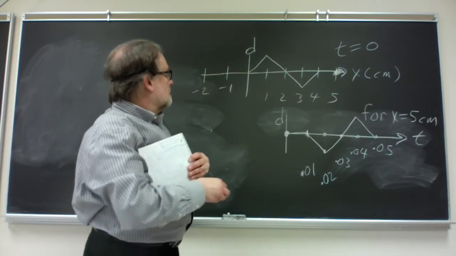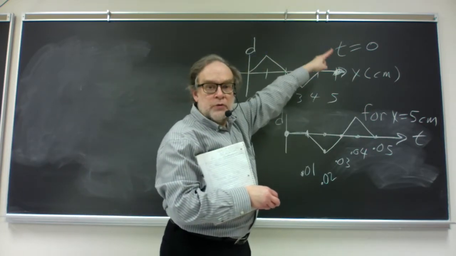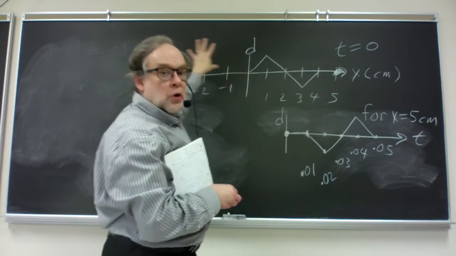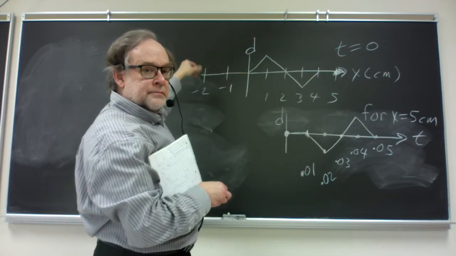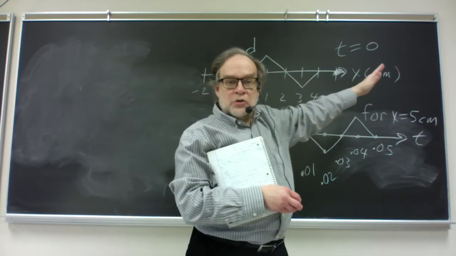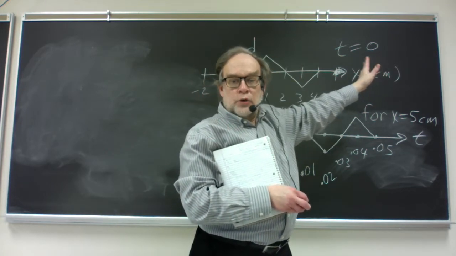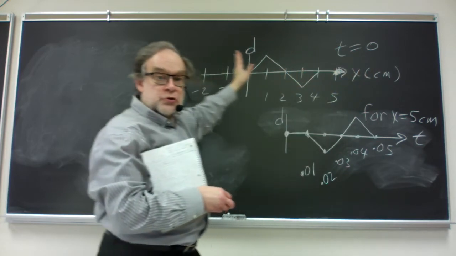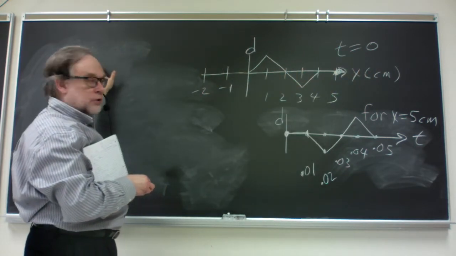So at times before this, the pulse was farther to the left, because as time goes by, the pulse moves from left to right. So when you look at earlier and earlier times, the pulse will be farther over to the left.